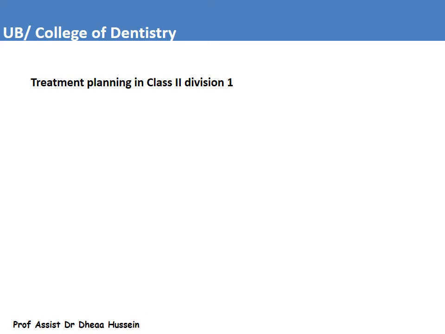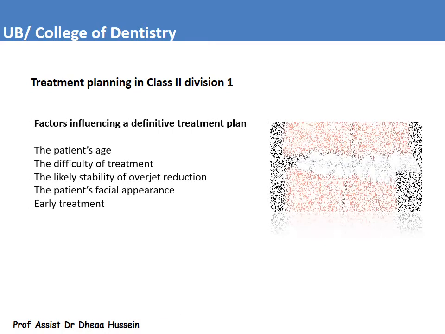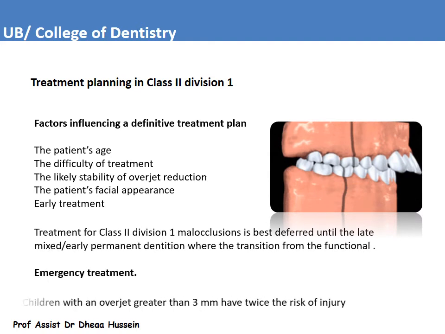The treatment planning in Class 2 Division 1 is different from early treatment to adulthood. It depends on different factors, mainly the age of the patient, the severity and difficulty of treatment, the patient's attitude and demand for treatment, and the stability as well as the facial appearance.